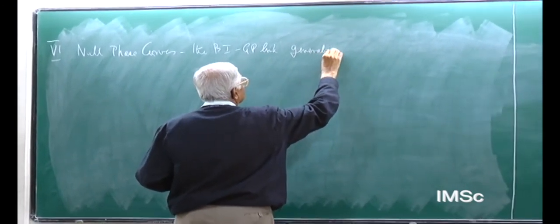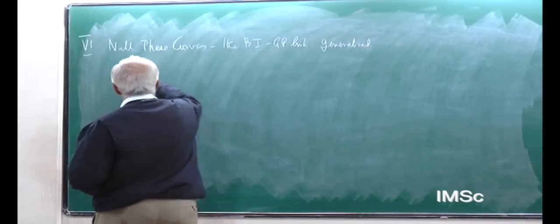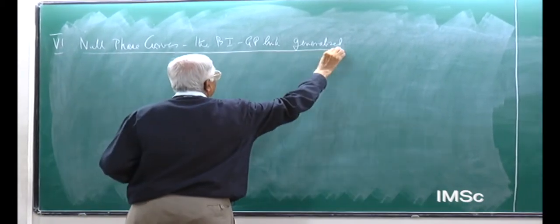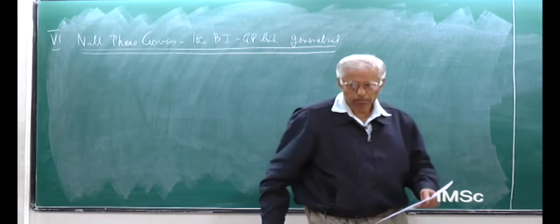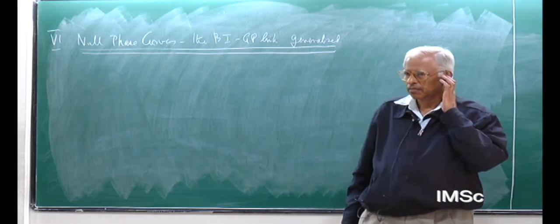Modulus of z square, something like that. It's not at all obvious when you put in models, but it should come, but you have to compute it.